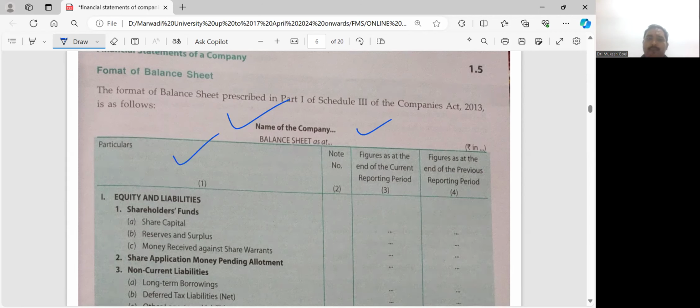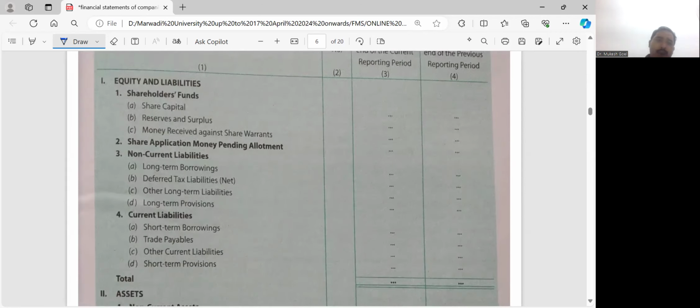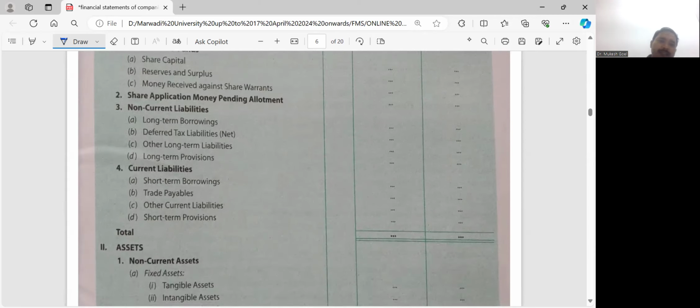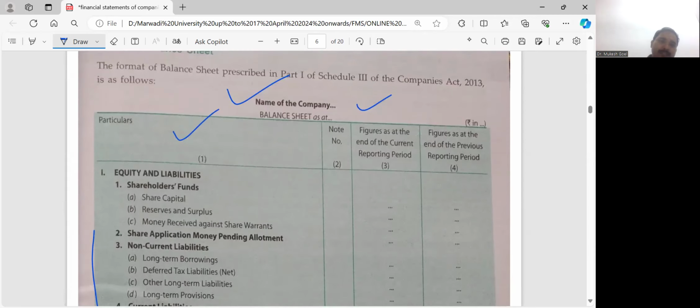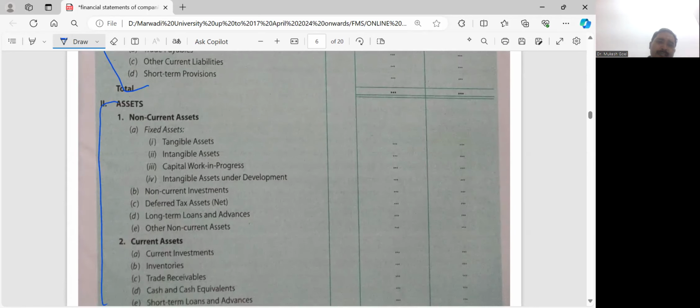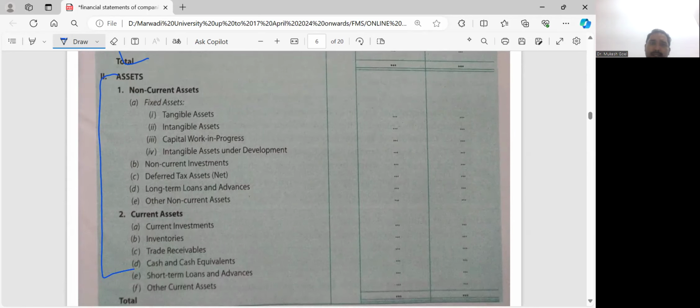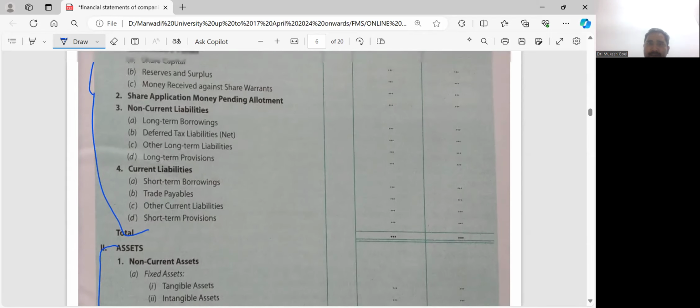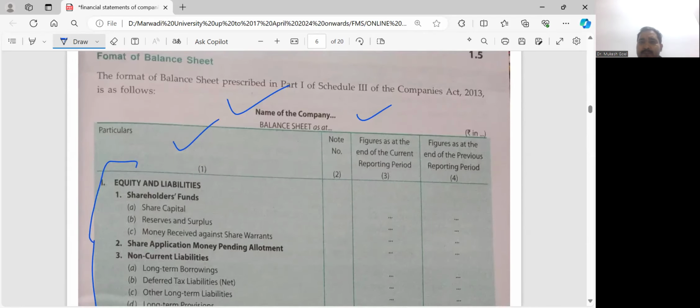In the particular column, the upper part is concerned with liabilities and equities, and the lower part is concerned with assets, fixed assets and current assets. So this is the current year assets and liabilities. This is the previous year assets and liabilities.